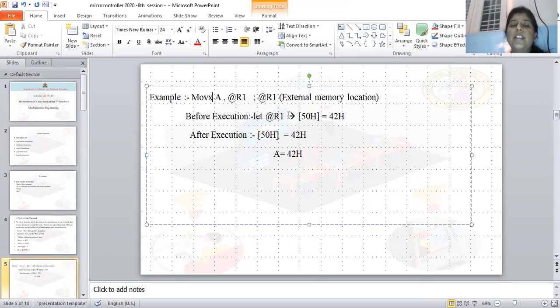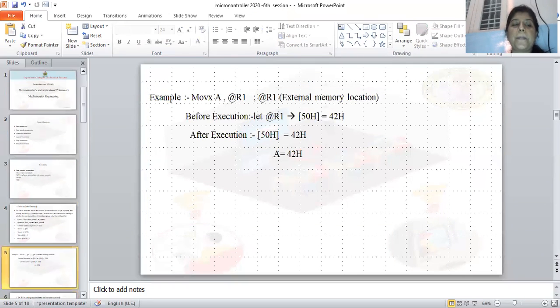Consider the address in R1 is 50H, where the data stored is 42H. After the execution of this instruction, whatever data is in 50H will be copied into the accumulator register. Therefore, the accumulator will become equal to 42H.